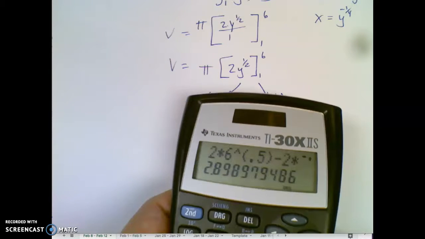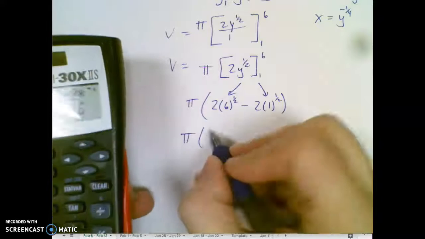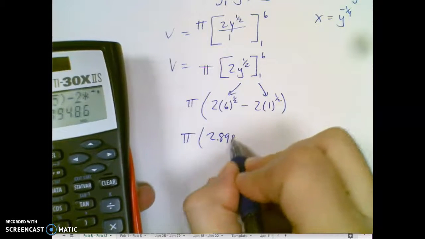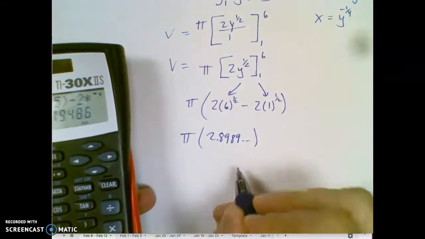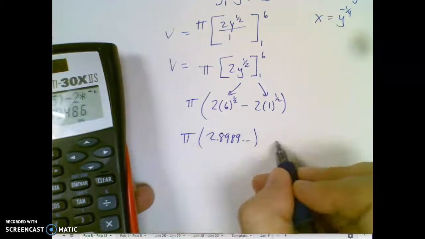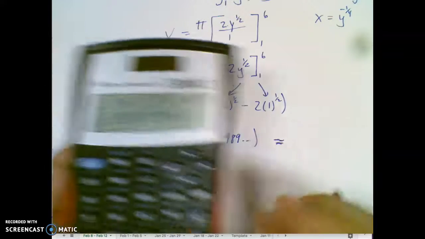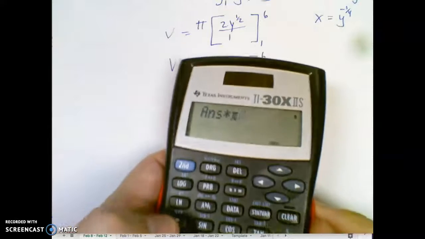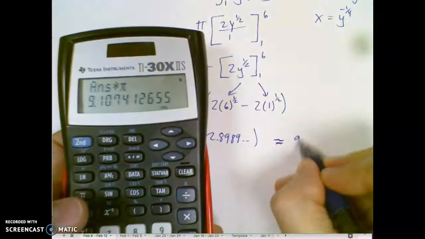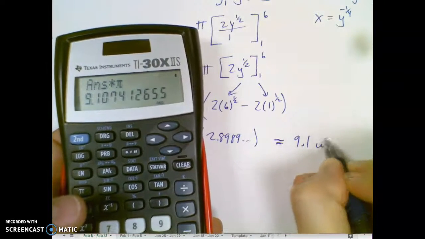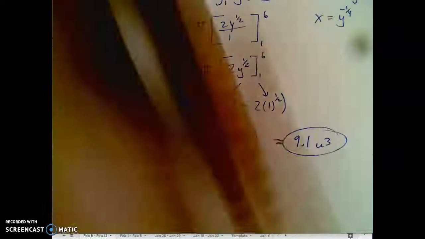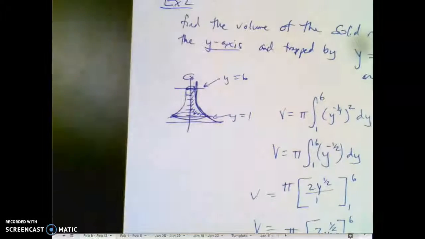So when it's all done, you get 2.8989. Keep that in my calculator and multiply it by pi. I'll do the squiggly equal sign because it's about 9.1 units cubed. So the volume of this crazy shape is 9.1.